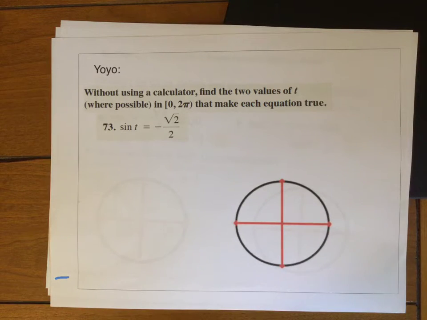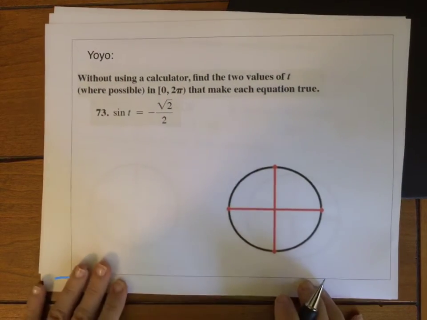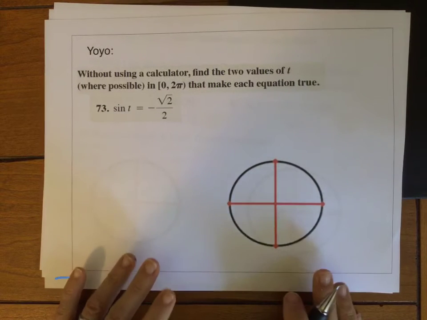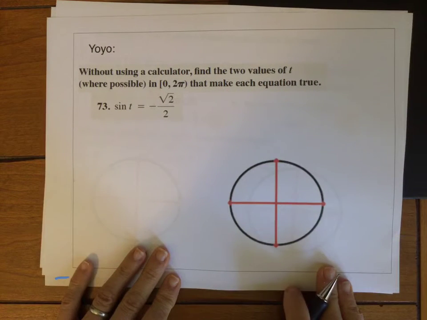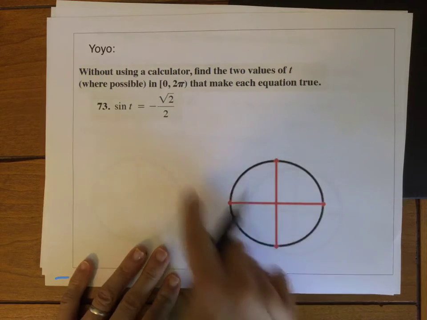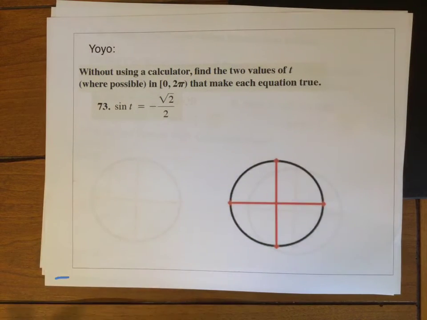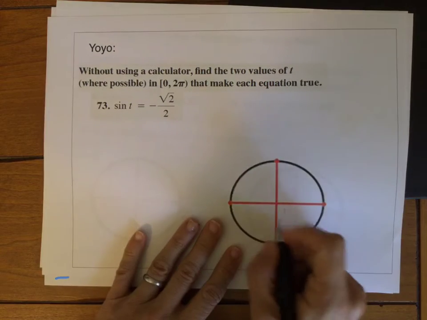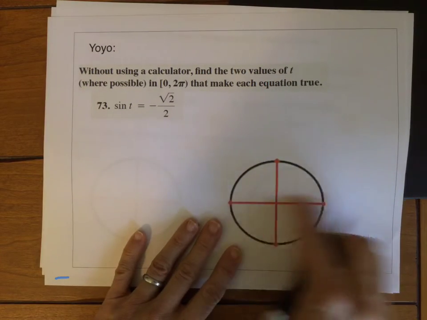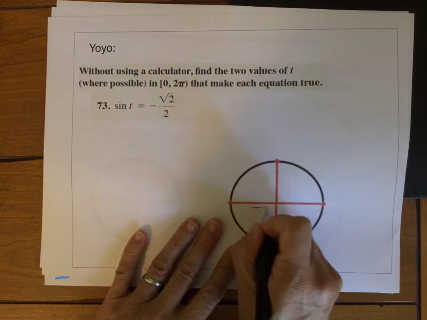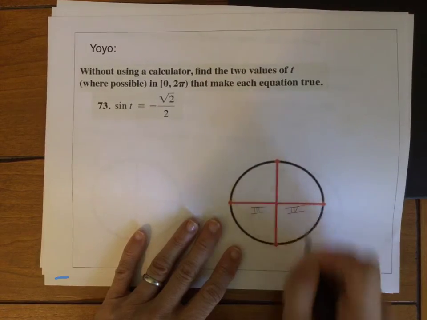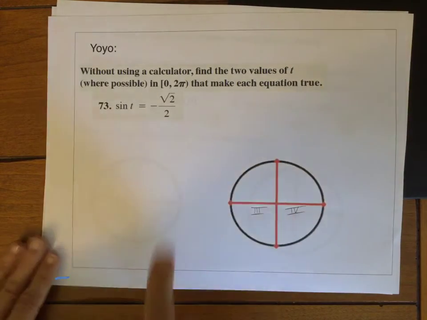All right, hopefully you had some time to pause and try to work this one out on your own. You could just look at the unit circle and find where my y value is a negative root 2 over 2. But we know that y is negative below the x-axis, so quadrants 3 and 4 are where I'm going to have a value.